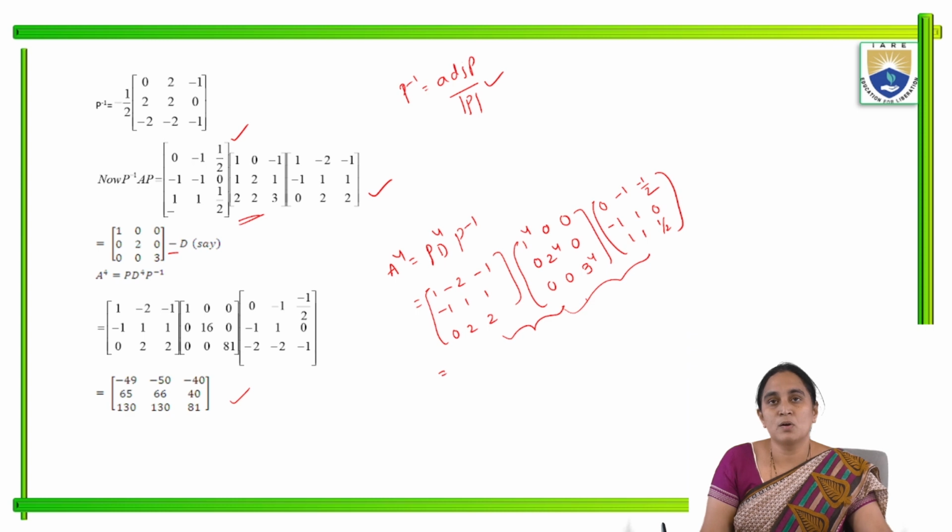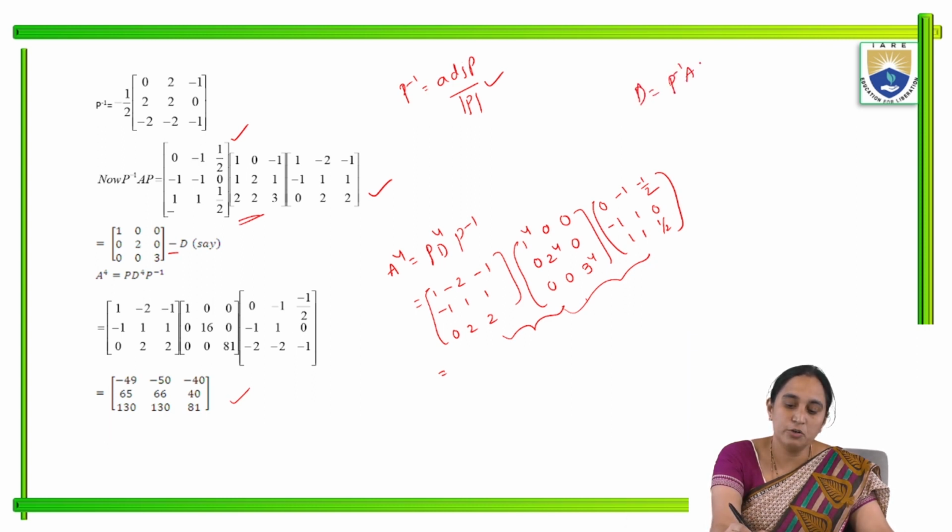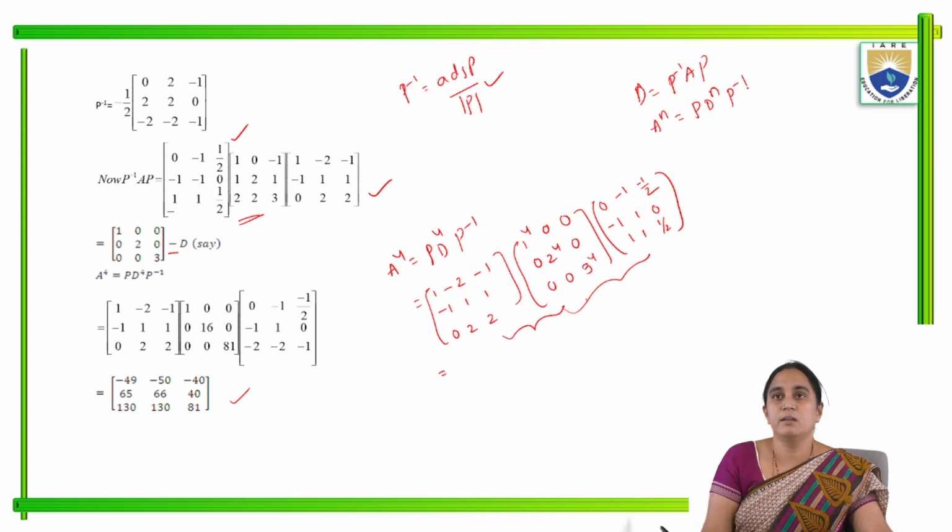This is the concept of the diagonalization of a matrix. What is diagonalization of a matrix? Reduce the matrix to diagonal form with respect to the formula D is equal to P inverse A into P. And for the powers of the matrix, A power n is equal to P into D power n into P inverse.